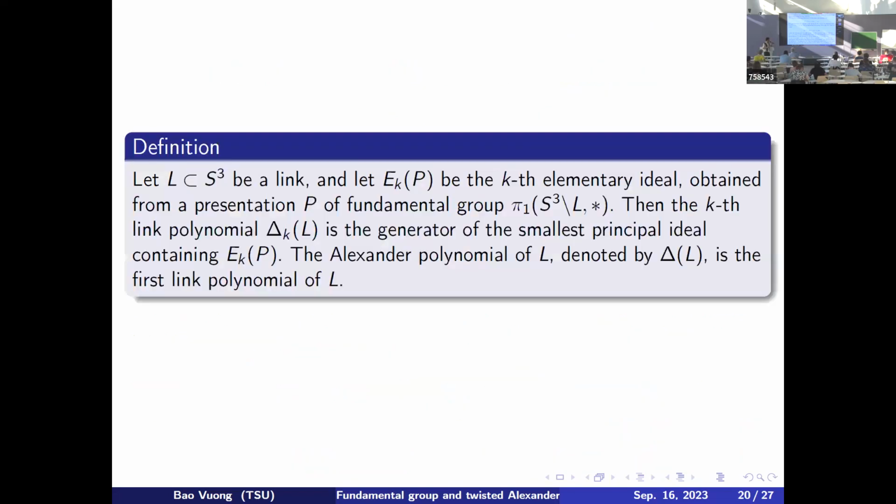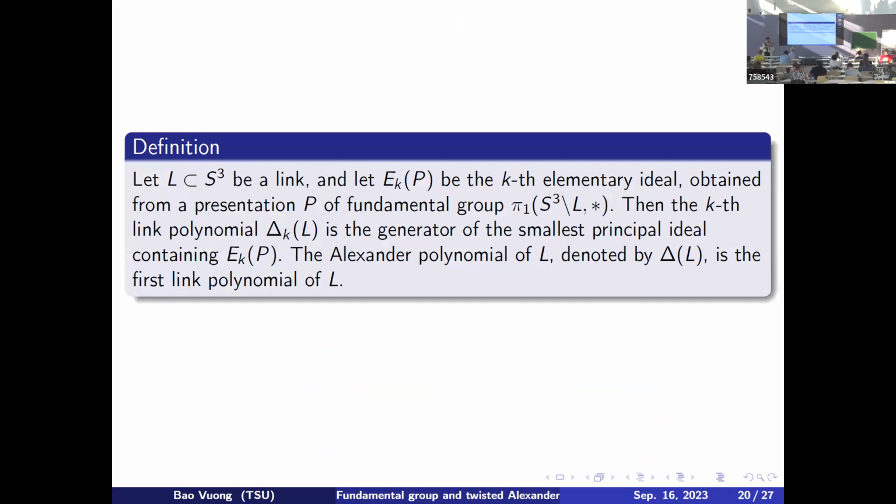In this similar way, when we have a presentation, we have an algorithm to get the Alexander polynomial of the space that associates with the fundamental group.